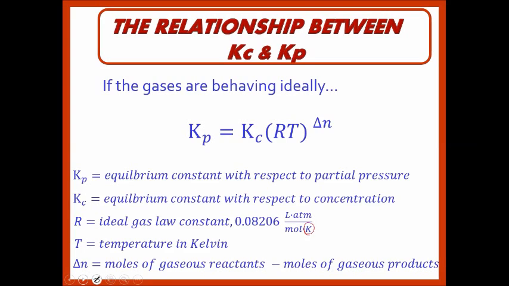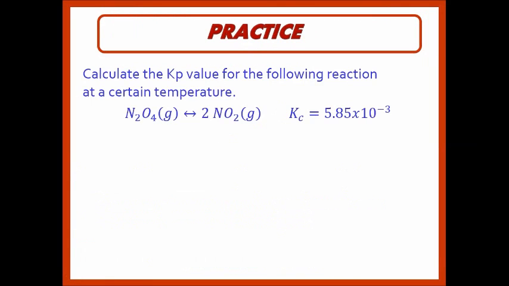So I think the best way to actually understand what's going on in this equation is to do a practice problem. So in this practice problem, we're supposed to calculate the Kp value for the following reaction at a certain temperature. So the reaction is N2O4 goes to 2NO2, and we're given the Kc value of 5.85 times 10 to the negative third.